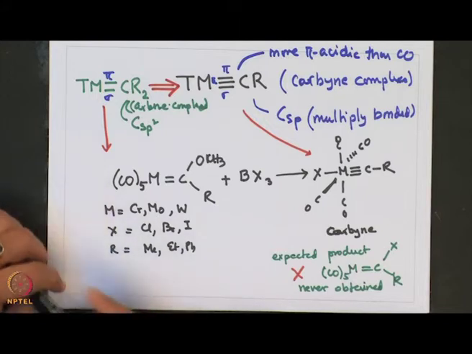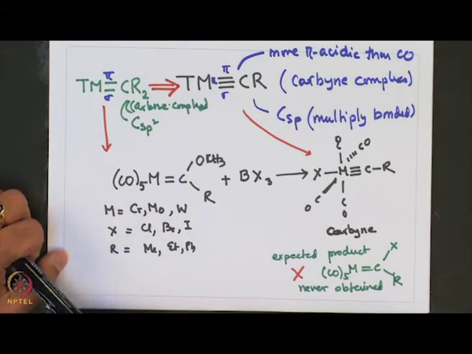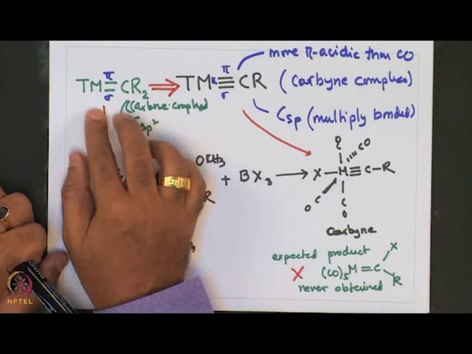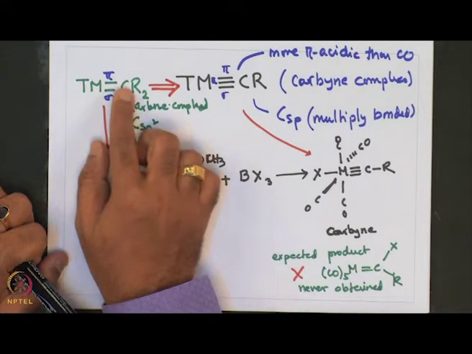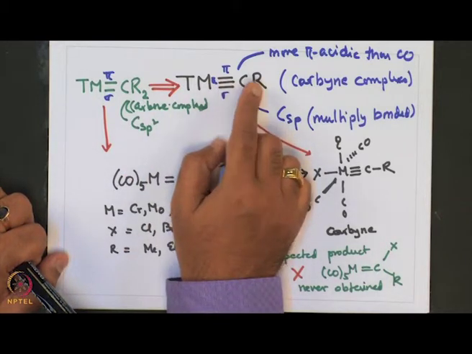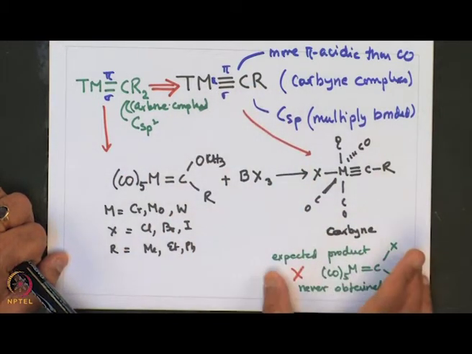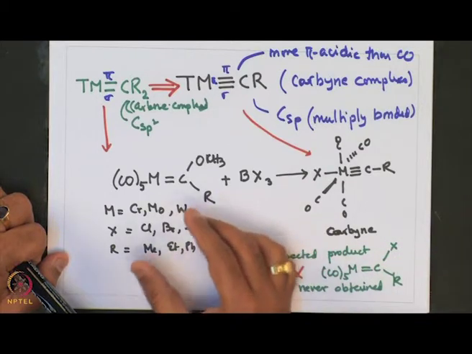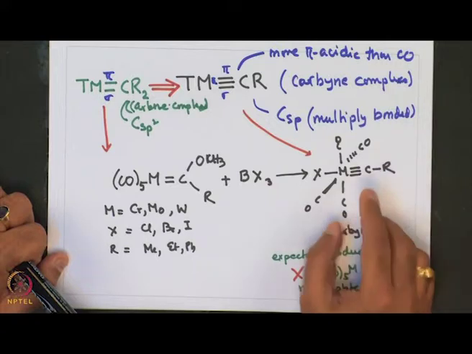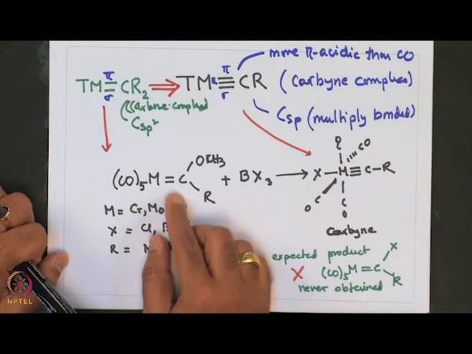That is an important observation, because it says that you already have a multiply bonded carbon transition metal framework in place, and then if you find another mechanism of forming an additional multiple bond, then you will end up making a metal carbyne complex. So, this is something which emerges out of this serendipitous discovery of making carbyne from a Fischer carbene complex.